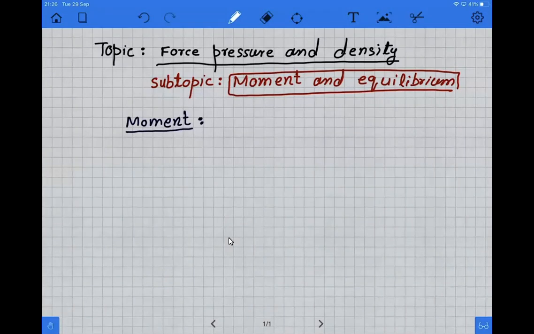The third thing that a force can cause is rotation. It is a change of rotational speed.